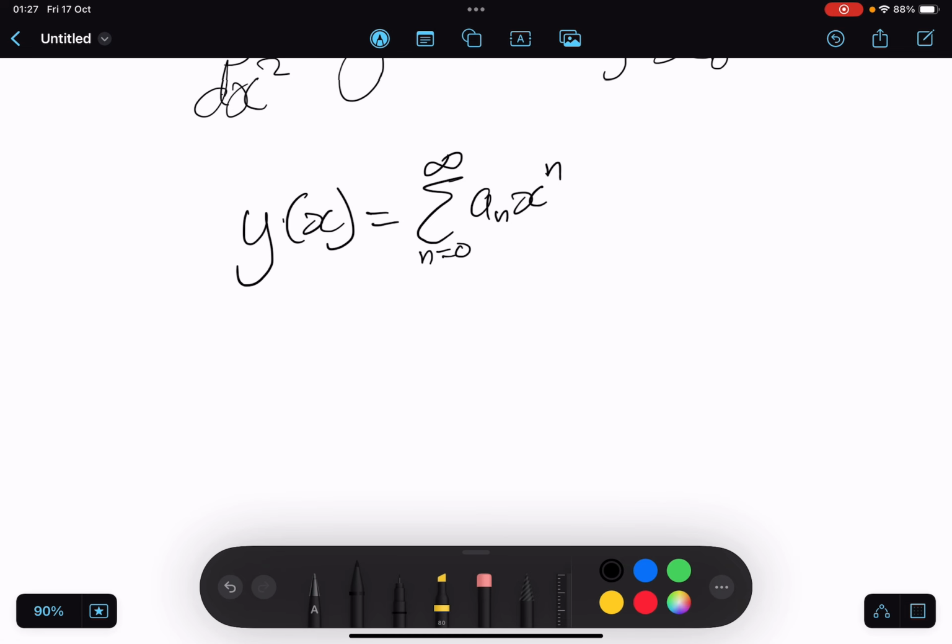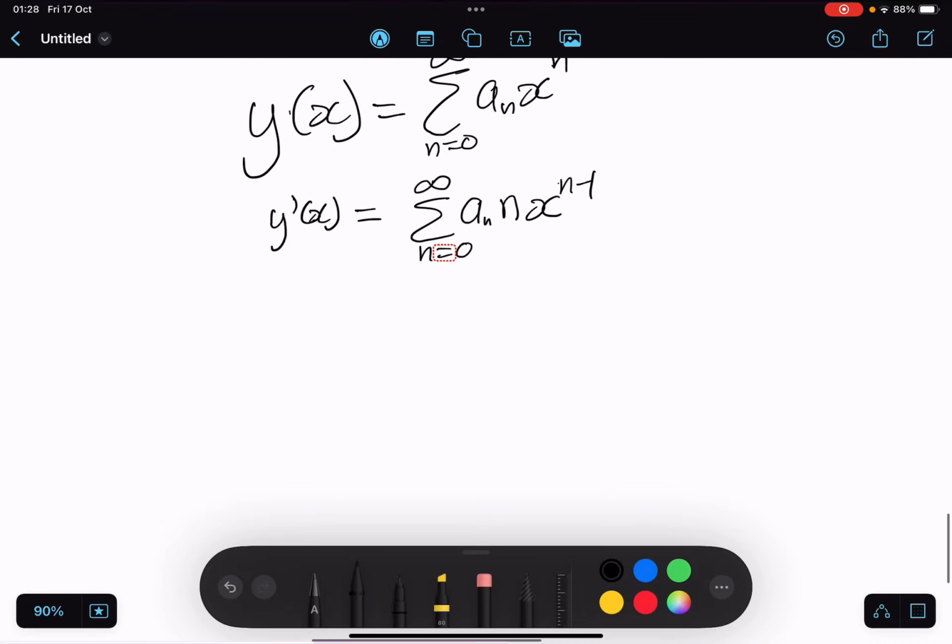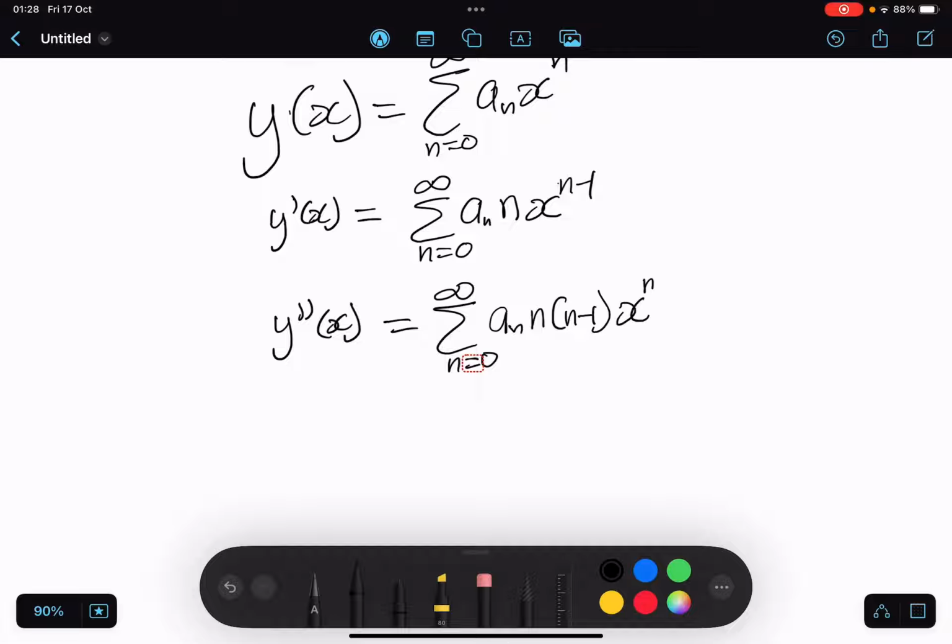Here we again take the first derivative. For this one, we are going to have the sum n is equal to 0 of n a n x to the power n minus 1. And then take the second derivative: the sum n is equal to 0 to infinity of n times n minus 1 a n x to the power n minus 2.